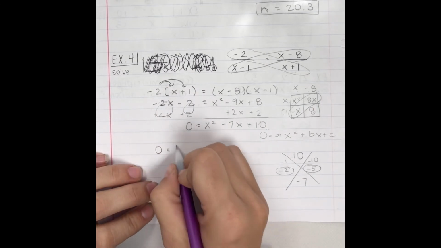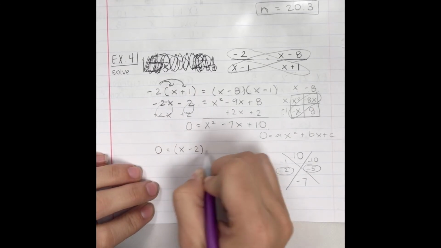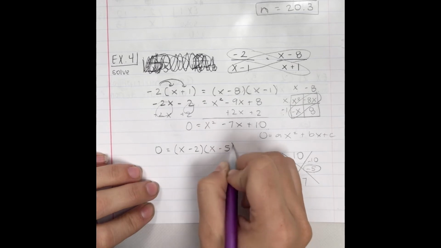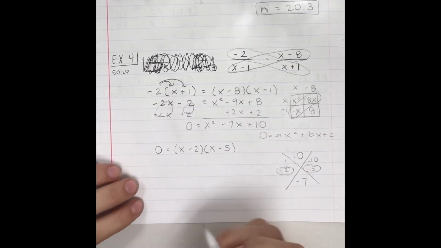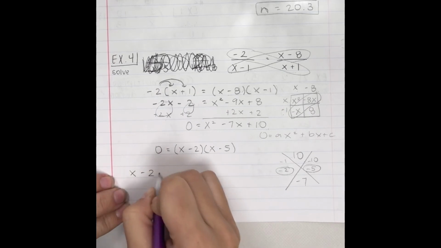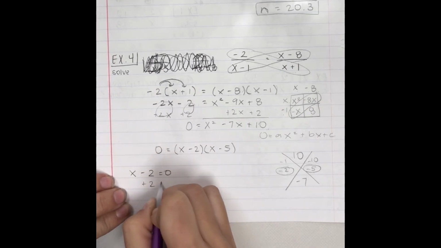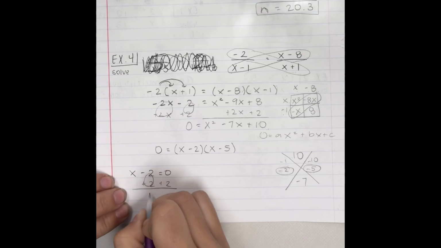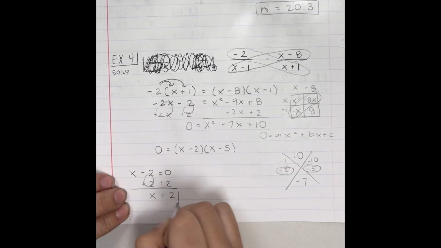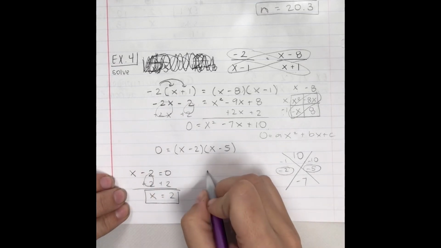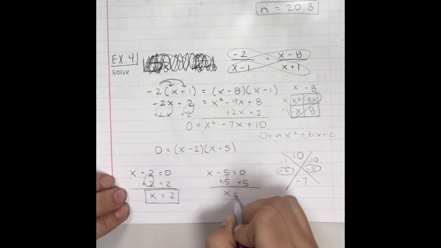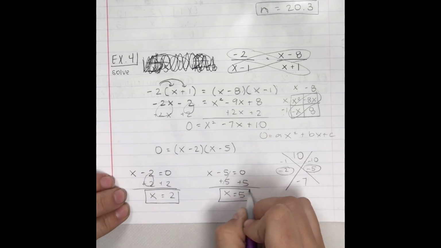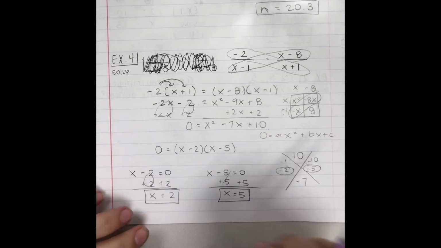So we get 0 equals (x minus 2) times (x minus 5). Then we set both of these equal to 0 and solve. So x minus 2 equals 0. It's really just changing signs. So we get x equals a positive 2. And x minus 5 equals 0, and we get x equals a positive 5. Okay, so those would be our two answers.